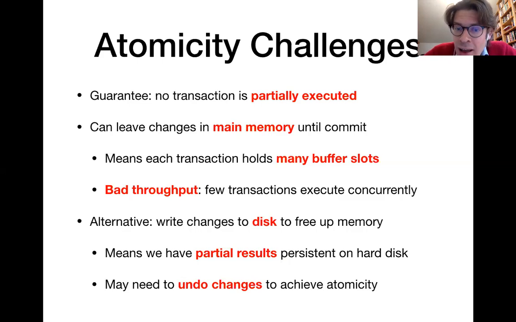Here, the changes are persistent. So if the current transaction successfully executes, then we are okay with writing those changes to hard disk.